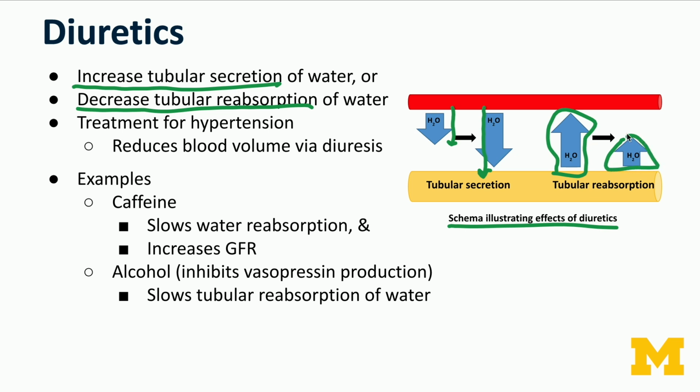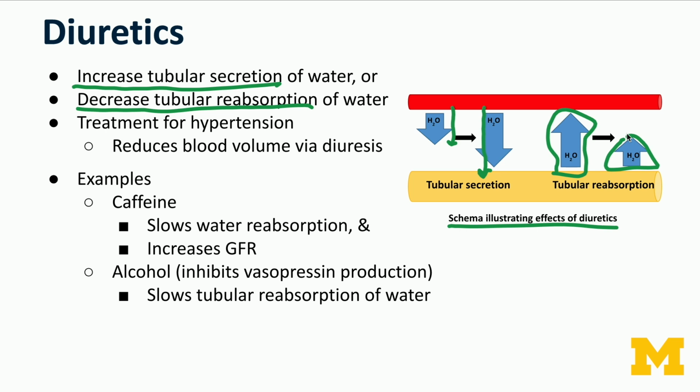So the net result of this is more water either stays within the filtrate or more water is moved into the filtrate. By having more water in the filtrate, there's more volume of urine. So diuresis is this process of either keeping or expanding the amount of water in the urine.